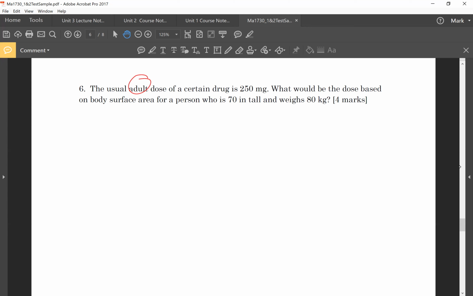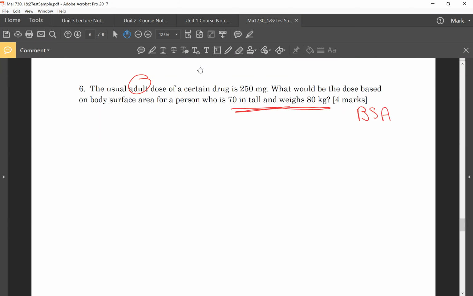Okay, so there's a little bit of work involved in this. We need to figure out how tall this person is, and you'll see why in a minute. And we know their weight in kilograms. That's okay. And we need to figure out their body surface area first. So first thing I would do for this person is find their body surface area.